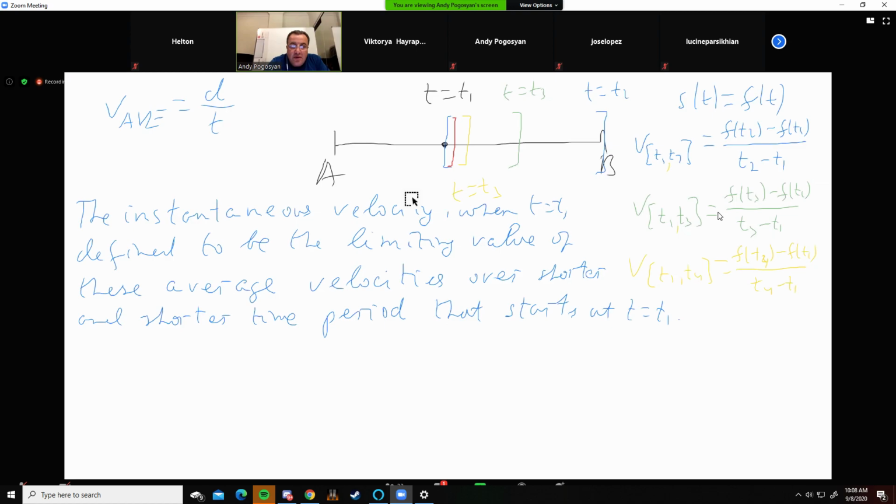what's happening here? See, the time becomes closer to t1, the distance becomes very close to that one, and the quotient will give you the instantaneous speed, because for a shorter time you don't have much time to change your speed.